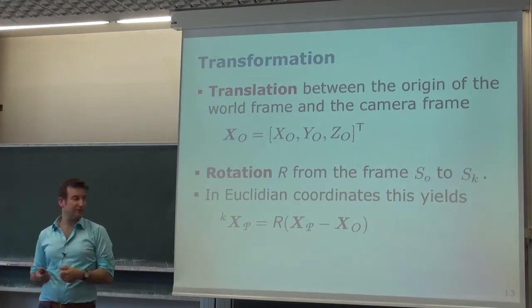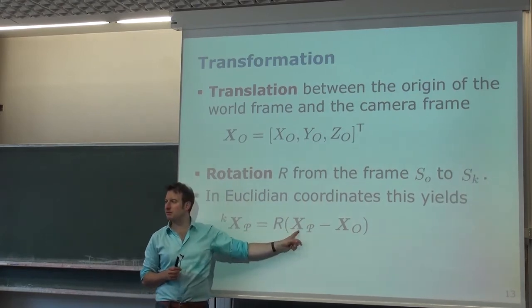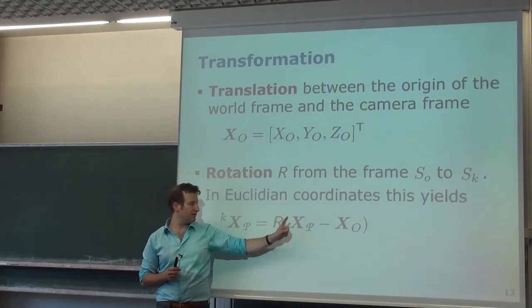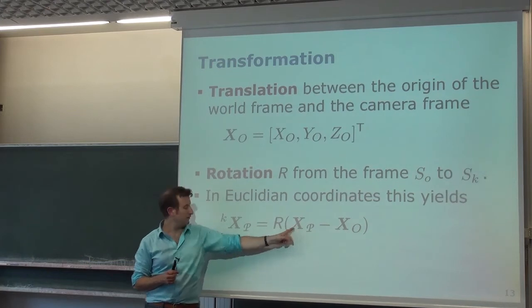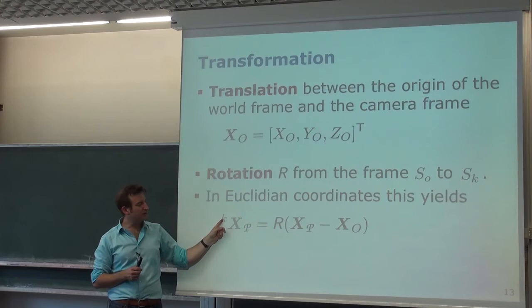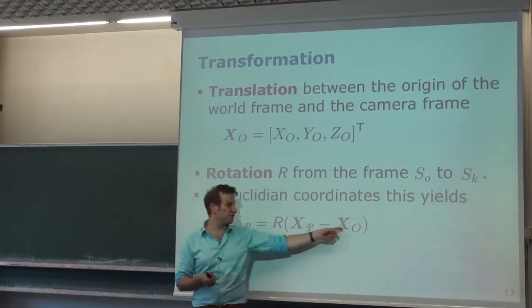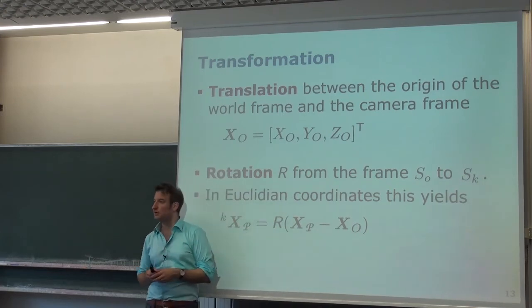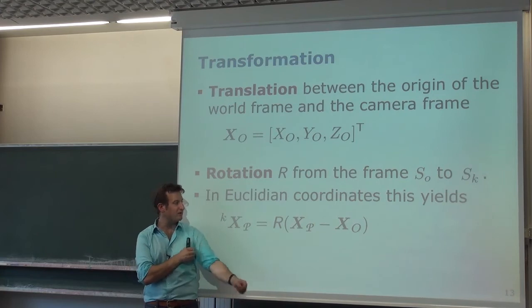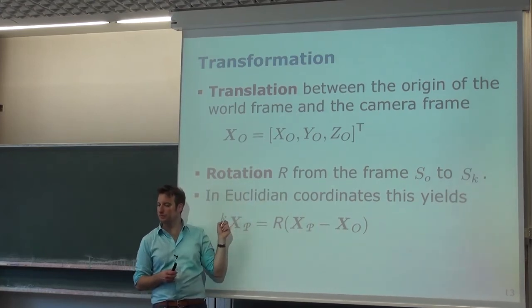And then we can actually describe the transformation that a point xp in the world coordinate system is mapped to a point xp in the camera coordinate system, so relatively seen from the camera, giving this transformation. So we just subtract the origin of our camera and then apply the rotation matrix. So the point is mapped from the object coordinate system into the camera coordinate system.